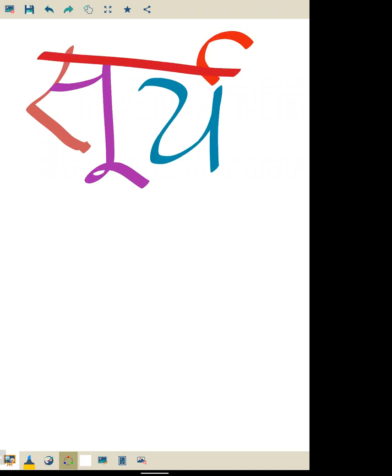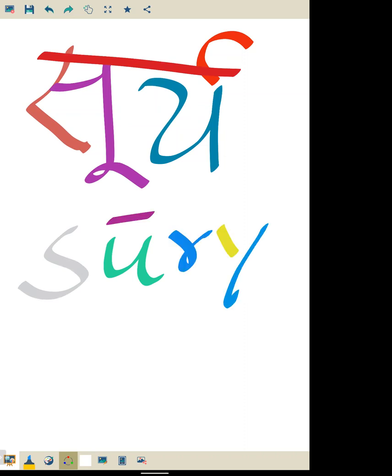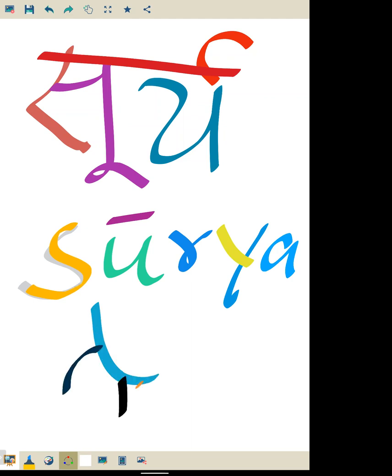Clear? Now about the ear, so the zigzag will be here. No problem. Surya. Okay.